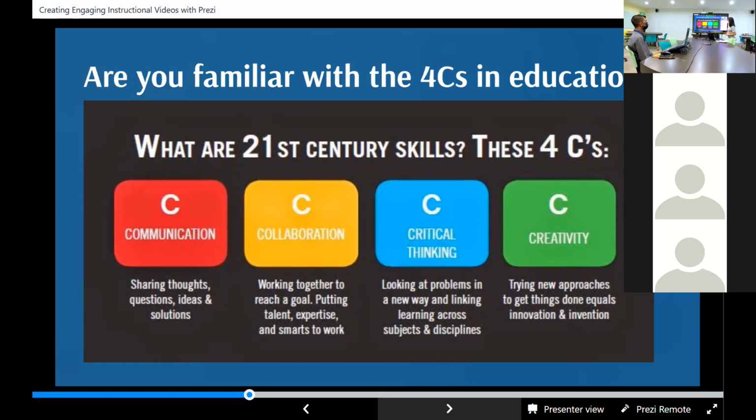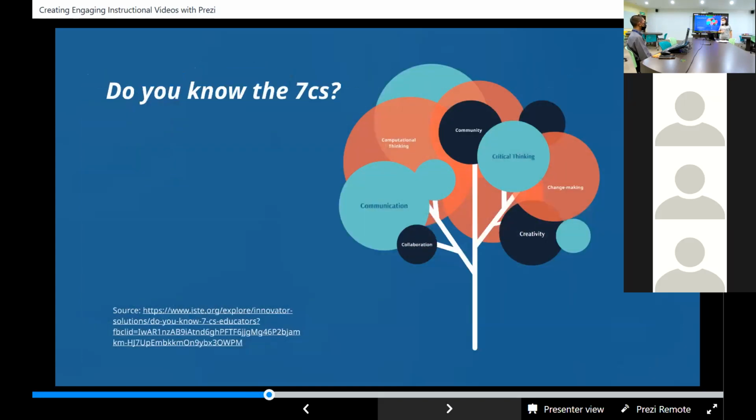You think they are important? Is there anything that is missing? Is it only 4 things that we need to make them skilled for the century? More than 4, yeah.